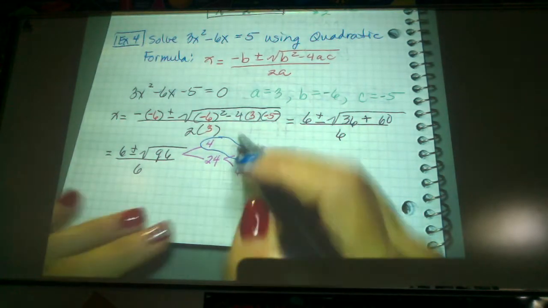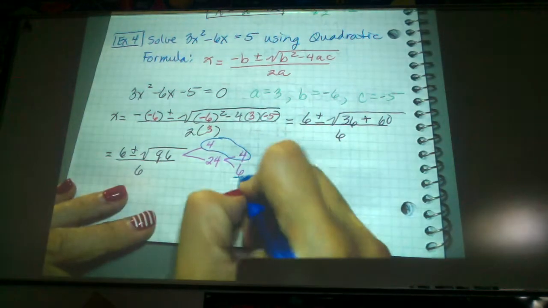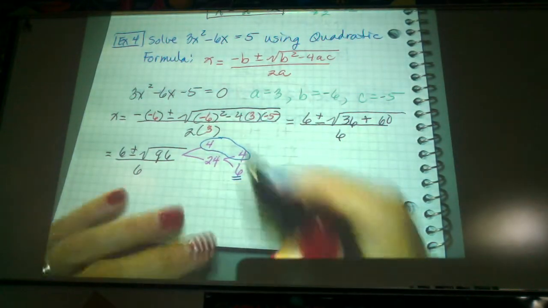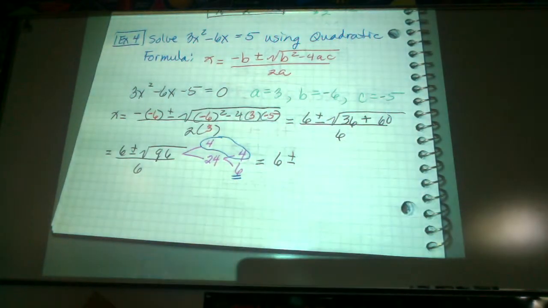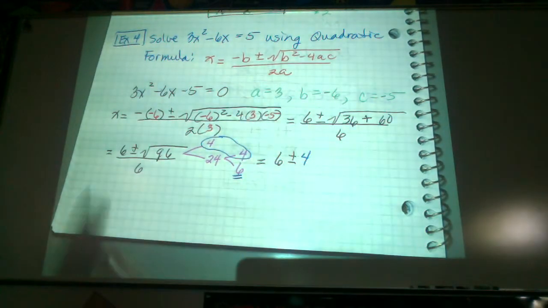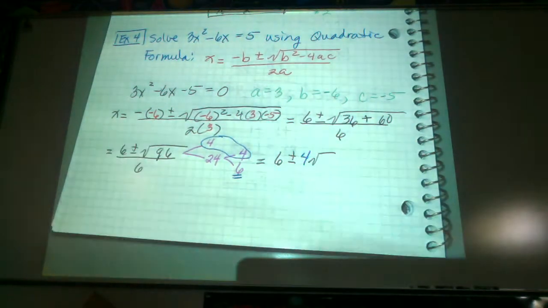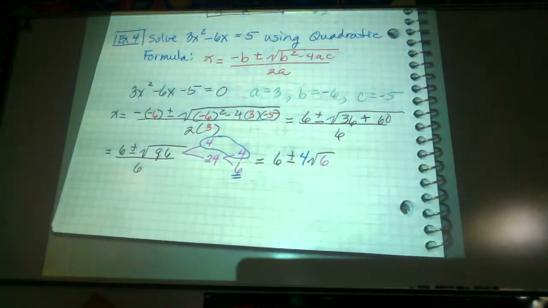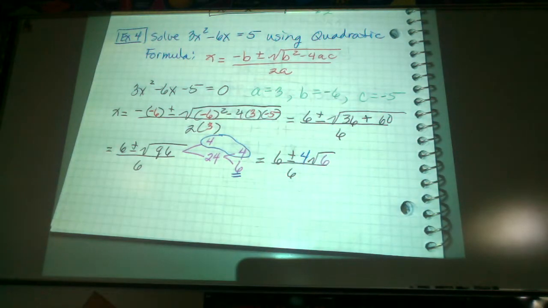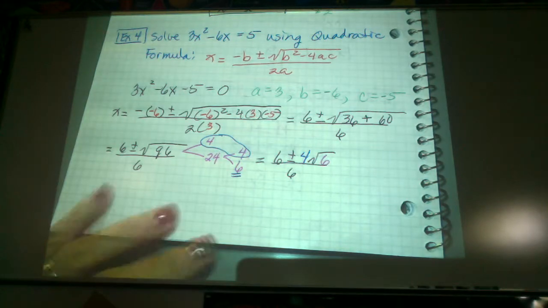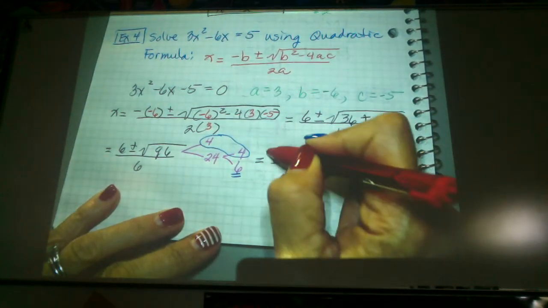So I can take a 4 out in front, and the 6 doesn't have anything to pair up with, it stays underneath the radical. So I get equals 6 plus or minus, the 4 comes out in front, square root of 6 stays underneath, all over 6. We're almost there. The last thing you have to do is look at what I call your triangle Superman of numbers.